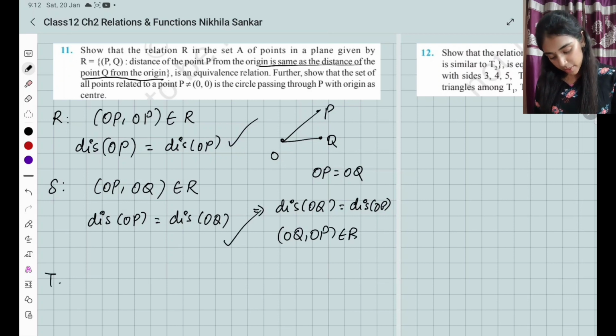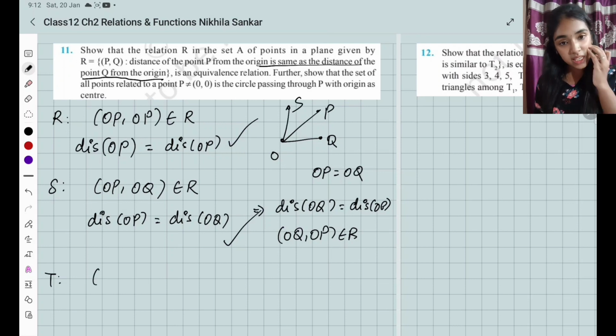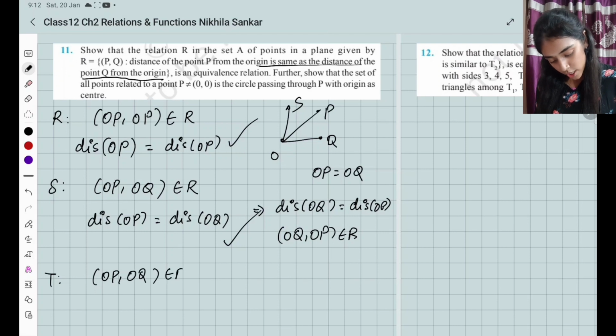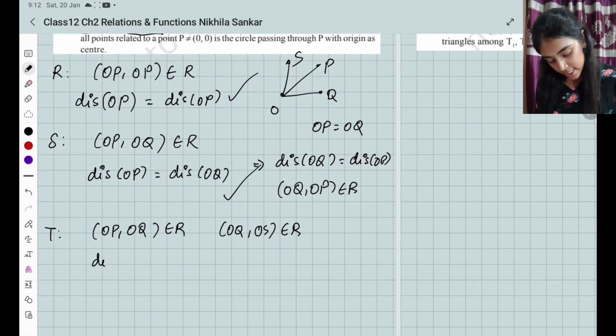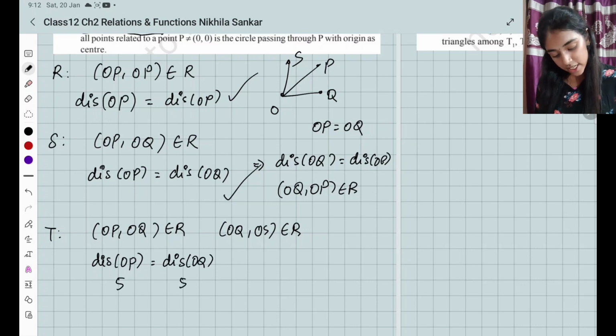Correct? இப்போ அதே மாதிரி transitive எப்படி எழுதலாம்? You can take another point. இந்த இடத்துல ஒரு S எடுத்துக்கலாம். PQ, S எடுத்துக்கலாம். So you have OP, OQ belongs to R and OQ, OS belongs to R. அப்படின்னா என்ன அர்த்தம்? Distance of OP equals distance of OQ. இப்போ இது 5 units na இதுவும் 5 units.